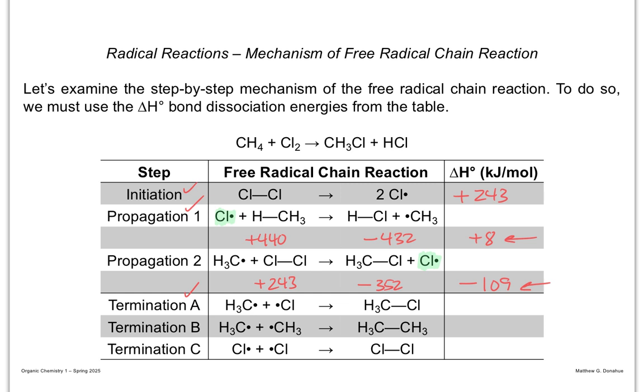So we know that negative is releasing heat. It's releasing 109 kilojoules per mole. The prior propagation step takes plus 8 kilojoules per mole. So the negative 109 greatly exceeds that. So if you do the math, if you take 109 divided by 8, it's approximately 14 times the amount of energy is being released in propagation step 2 to carry the radical back to propagation step 1.